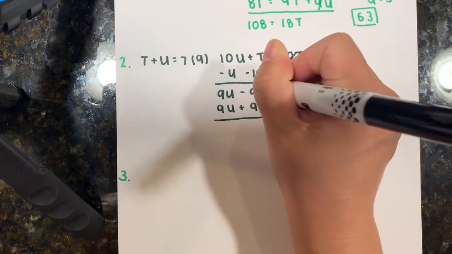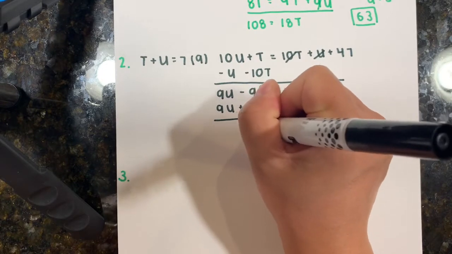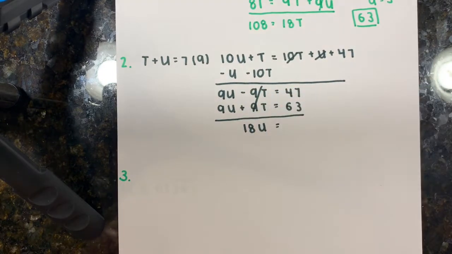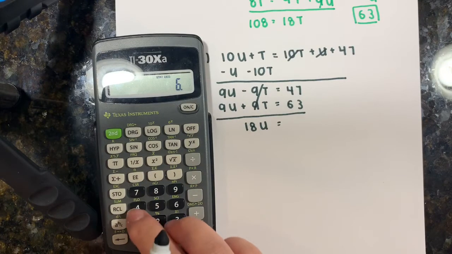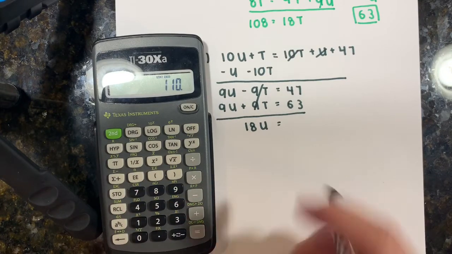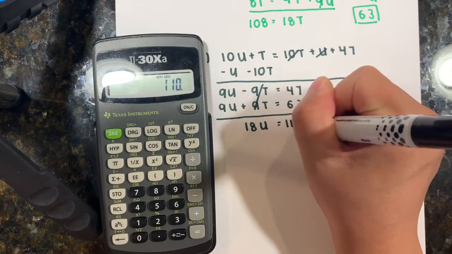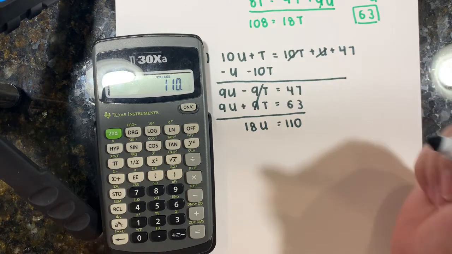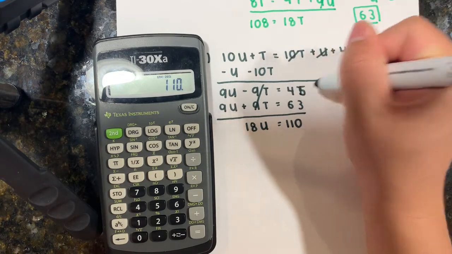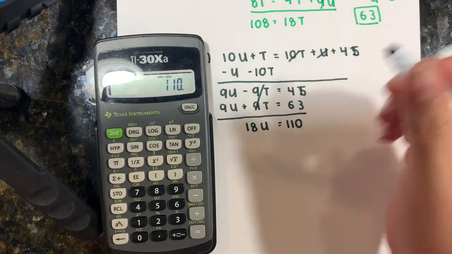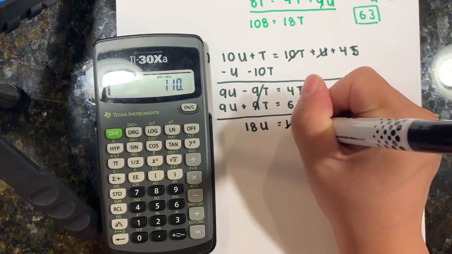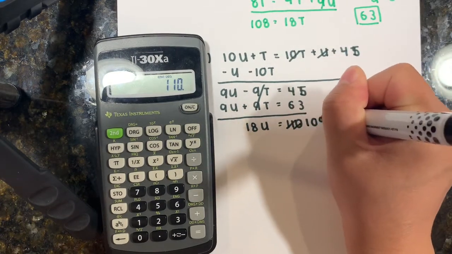Now this time our t's are going to cancel, and I'm going to get 18u is equal to 45 plus 63, which is 108. I misspoke earlier, sorry, my bad.